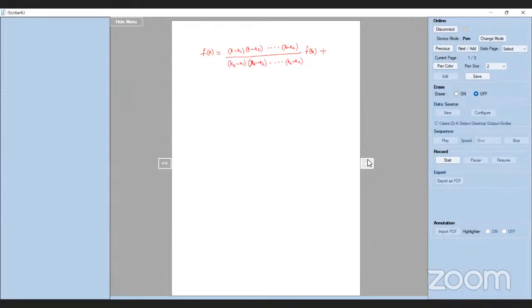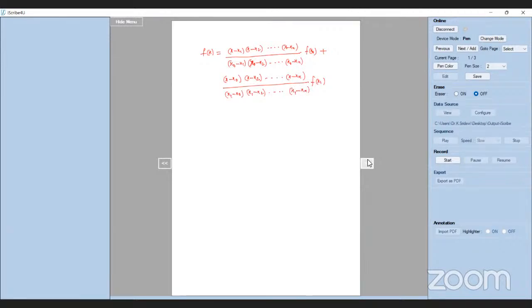Plus, what is the other term? The second term, a1 into x minus x0, x minus x2, and so on, x minus xn, where a1 is f of x1 divided by x1 minus x0, x1 minus x2, and so on, x1 minus xn.